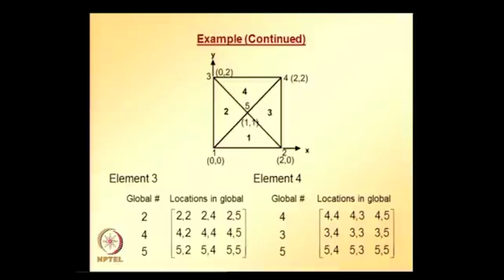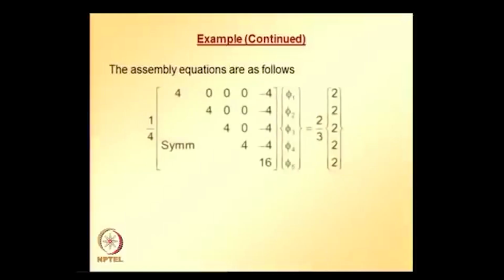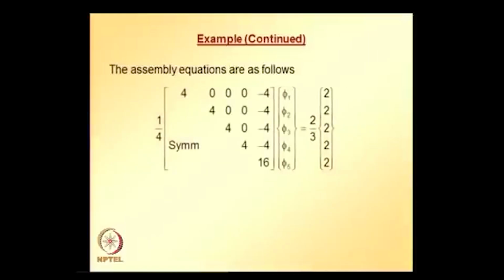Element 4 contribution goes into 4, 3, 5 rows and columns of the global equation system. So, with that understanding, assembly of equations gives us this as the final global equation system.